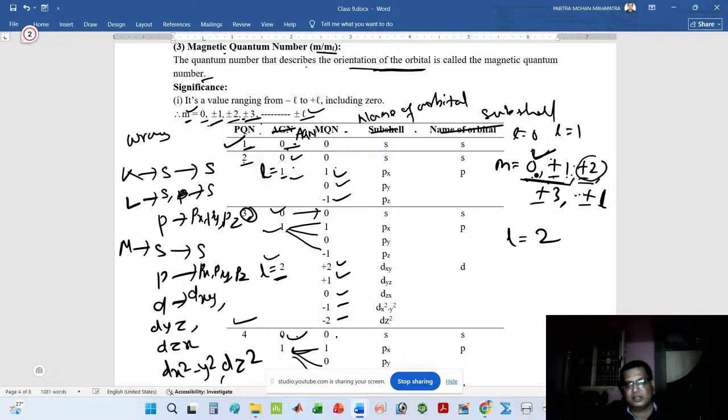So here I can write 0, plus or minus 1, plus or minus 2. If L is equal to 3, you can write 0, plus or minus 1, plus or minus 2, plus or minus 3. This is a difficult topic. If you clearly try to understand, then you will clearly understand.